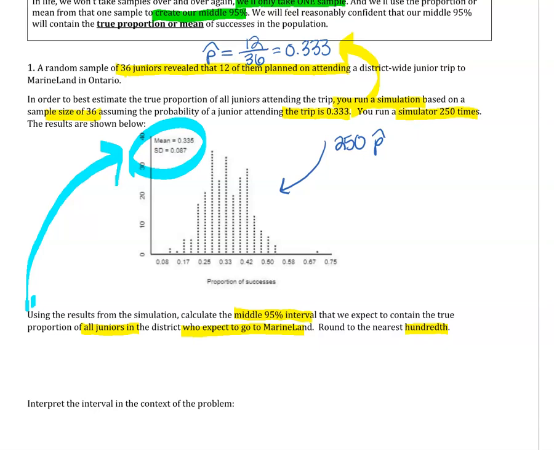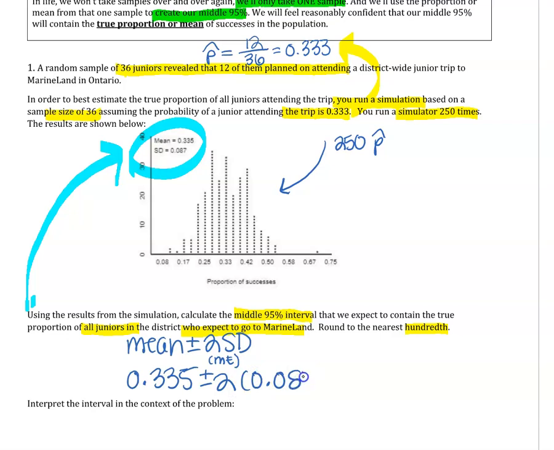Whenever we're figuring out the middle 95%, which is always on the Regents exam, by the way, I'm just going to do the mean plus or minus 2 times the standard deviation, which is the same thing as the margin of error. So the mean from my simulator is 0.335. The standard deviation is 0.087.